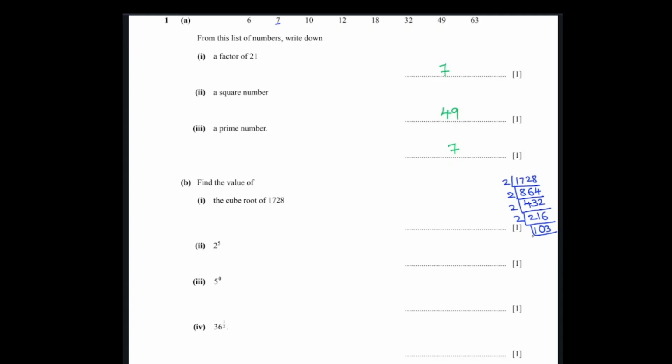Now let me try with 3. 3 3s are 9. No, it's not divisible by 3. Let us try with 7. 7 1s are 7. 3 is remaining, 33.